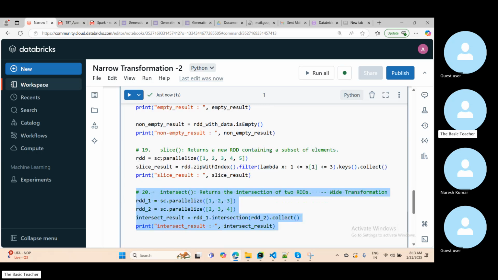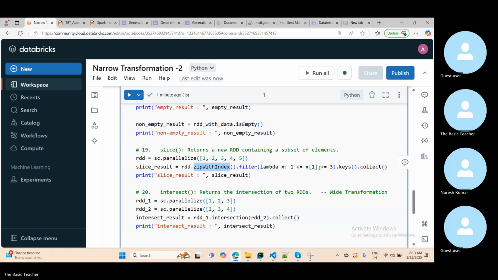For slice, again you are having an RDD. Yesterday we had discussed zip, right? This is zipWithIndex. This is one more transformation. So slice result equals RDD dot zipWithIndex, then doing the filter. And based upon that, we are collecting the key, or the value you can say.